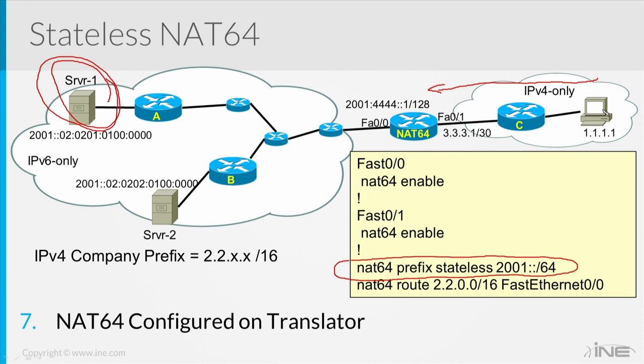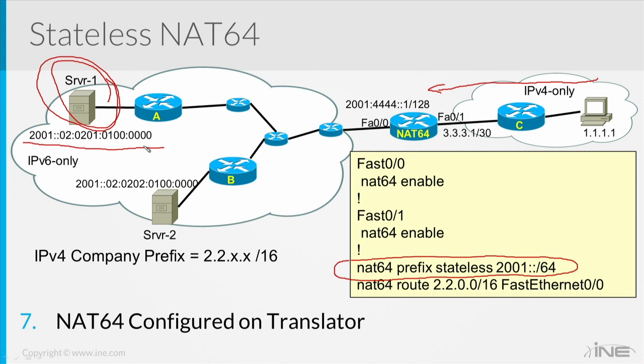He's going to say, hey, DNS server, give me the A record, the IPv4 address of server1.ine.com or whatever. The DNS64 server is going to say, let's see here. I don't see an A record for that, but I do see a quad A record of this.